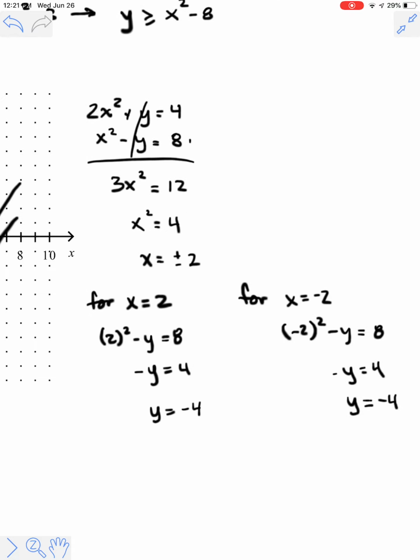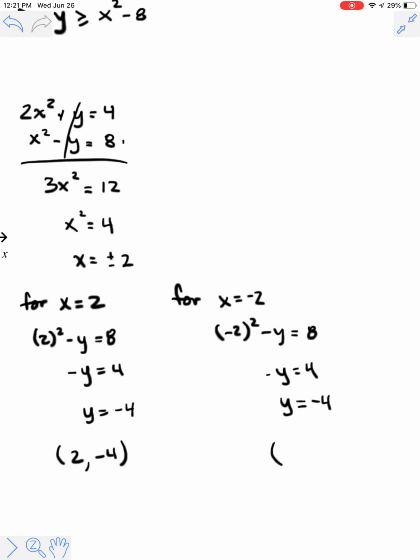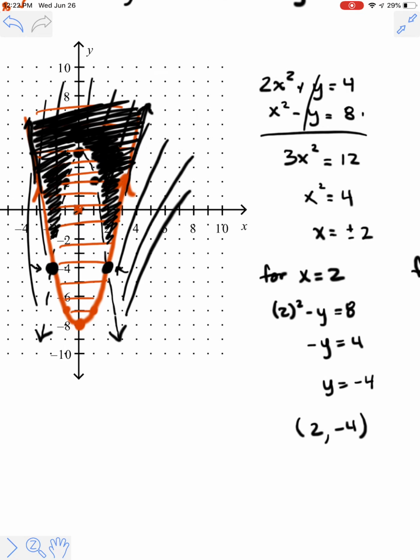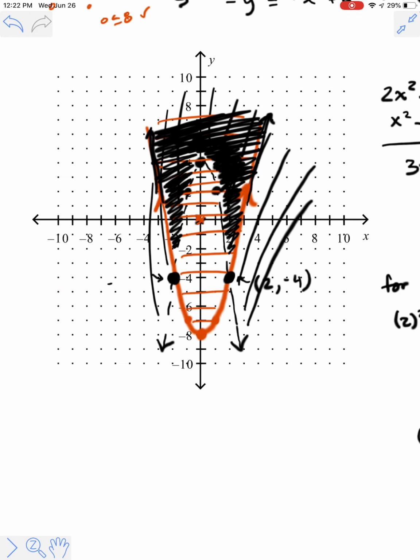So the vertices are (2, -4) and (-2, -4), and graphically speaking, that's about accurate. This is the point (-2, -4), and that's the point (2, -4). So those are our vertices.